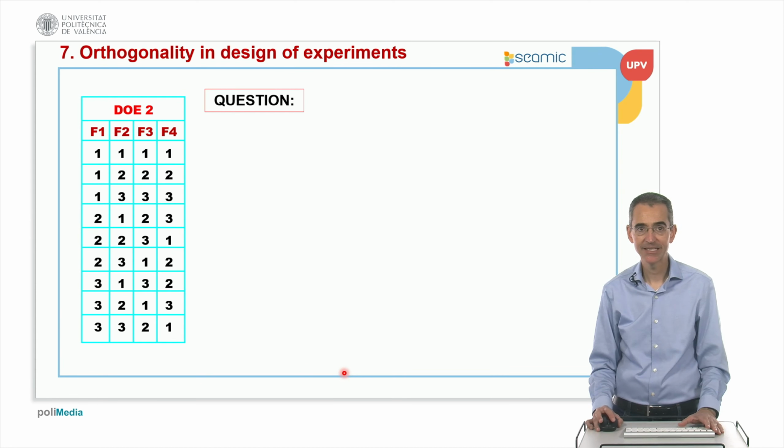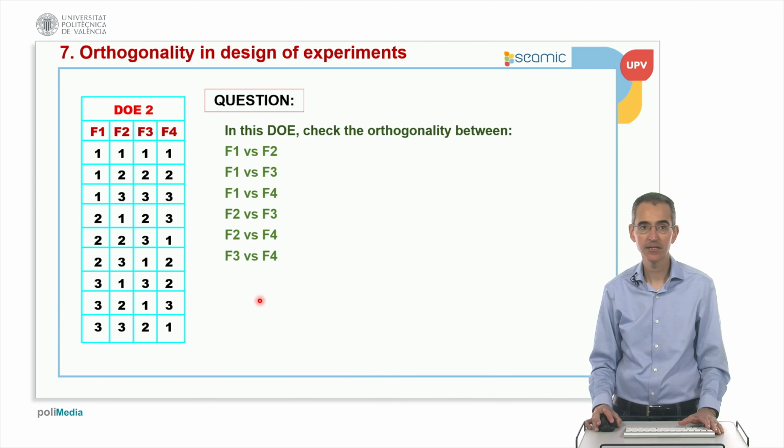Well, this is a design which is not complete. Here we have the first factor at 3 levels, the second also at 3 levels, the third the same at 3, and the fourth the same at 3. So if we multiply 3 by 3 by 3 by 3, this is 81.